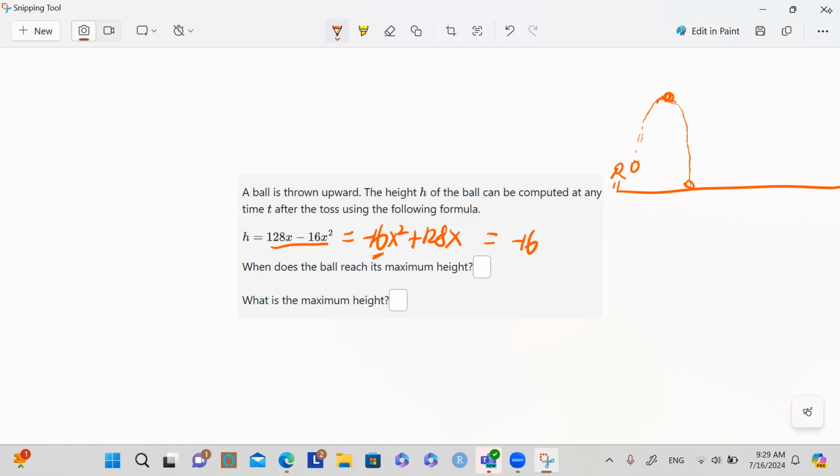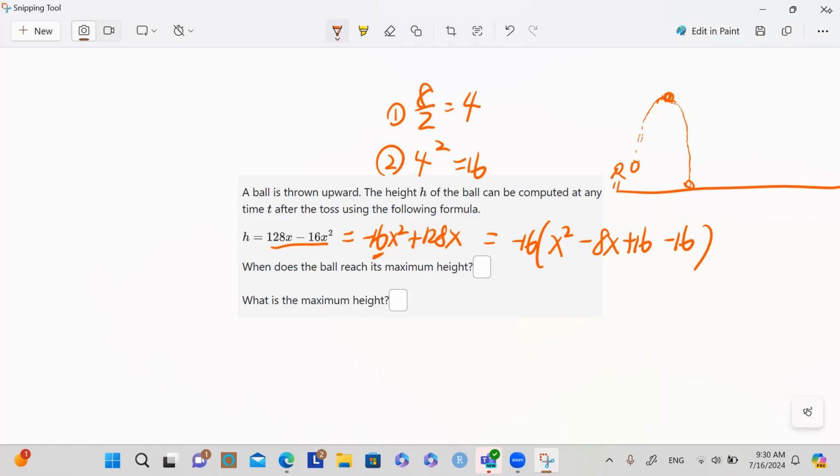So factor out negative 16, and you get x squared minus 8x. We need to find the missing number to complete the square. You just do 8 over 2, which is 4, and then square that: 4 squared is 16. So you add 16 minus 16.